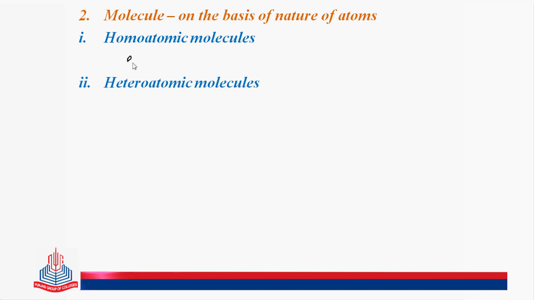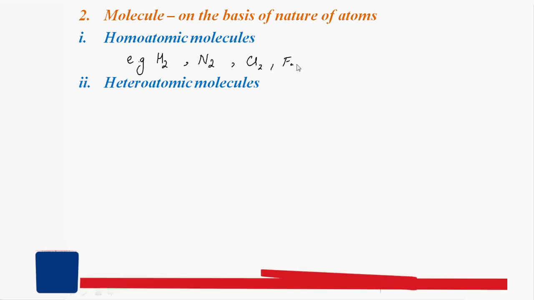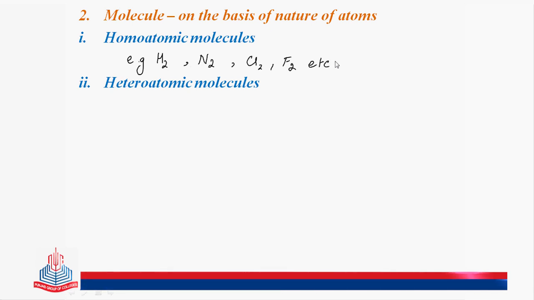For example, a molecule of hydrogen gas has 2 hydrogen atoms. Nitrogen gas has 2 nitrogen atoms. Similarly, chlorine gas, fluorine gas, etc. Chlorine has 2 chlorine atoms. Fluorine gas has 2 fluorine atoms.